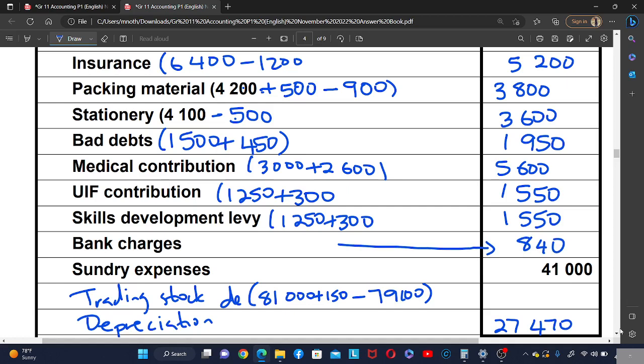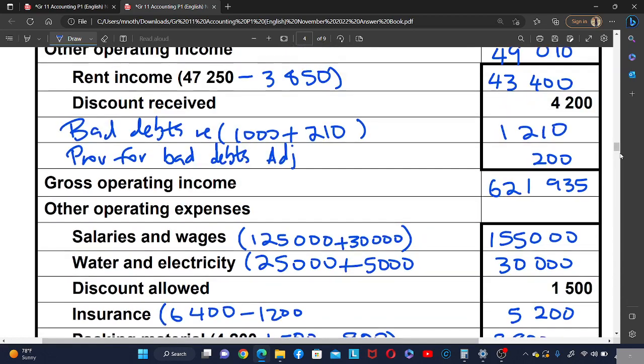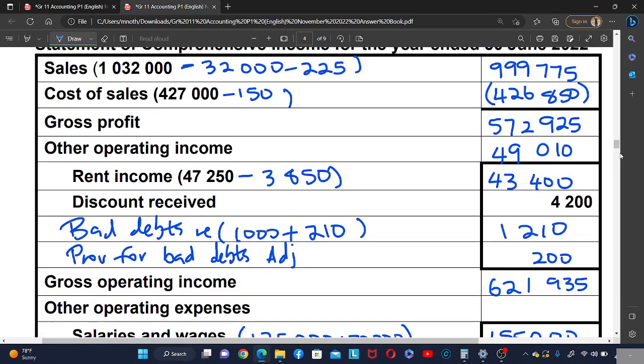Then if you add all this and then you separate, you are going to get trading stock deficit of 2,050. So if you are going to add all these amounts, you are going to get the operating expenses, which is 281,110.